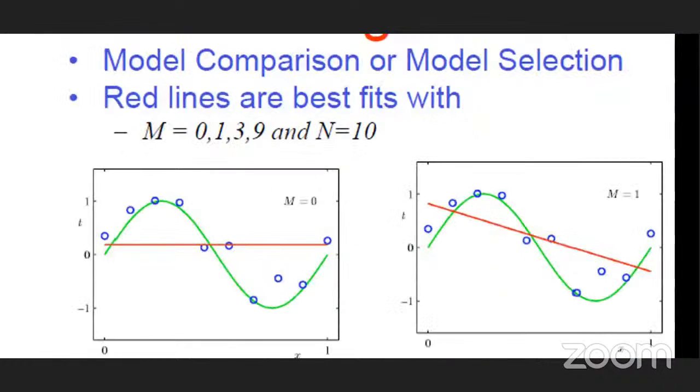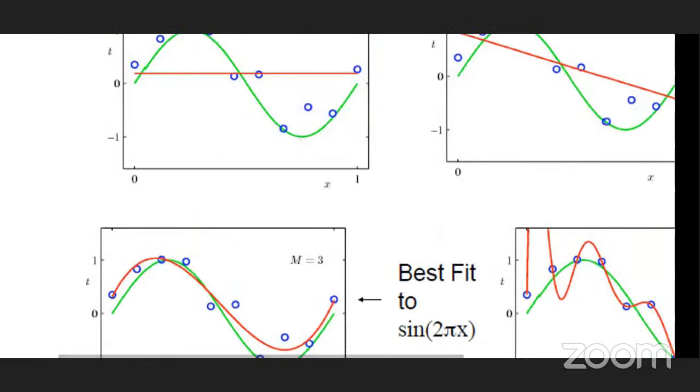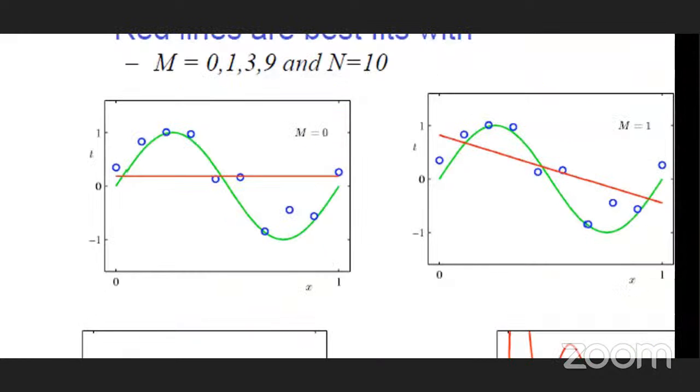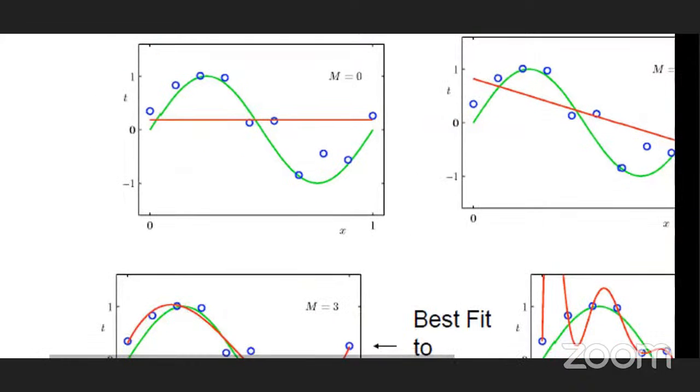If I use M equal to 0, M equal to 1, do you think the fitting is good or is it bad compared to M equal to 3? Bad.